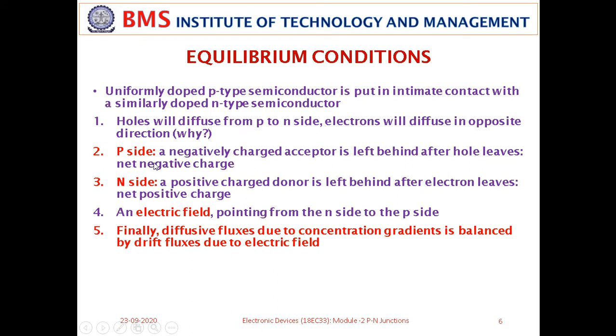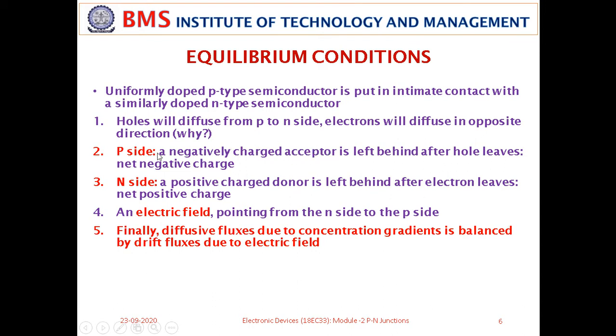Let us see what happens on the p side when holes keep moving from the p side to the n side. What will happen in the region on the p side? What is left behind is a negatively charged acceptor after the hole leaves its position. So, these are immobile, or depleted, charge carriers.